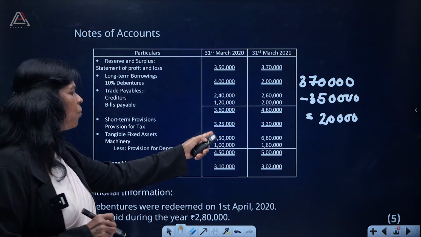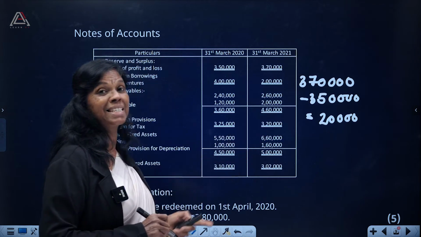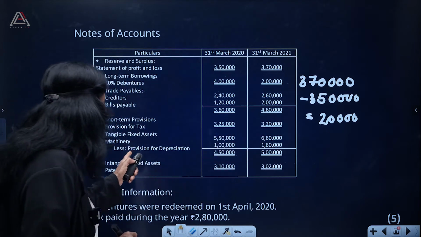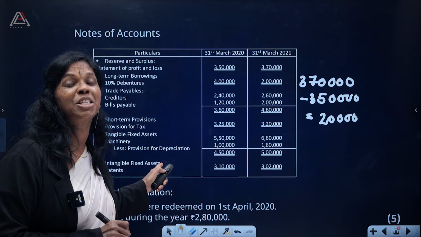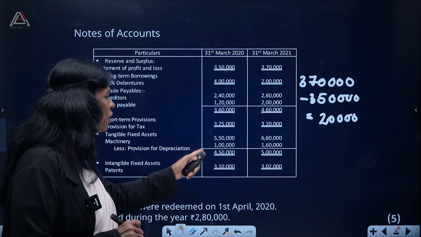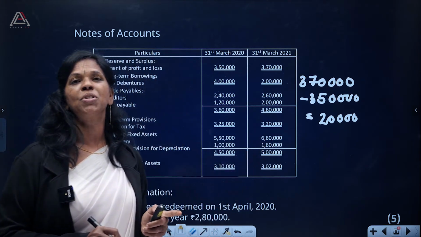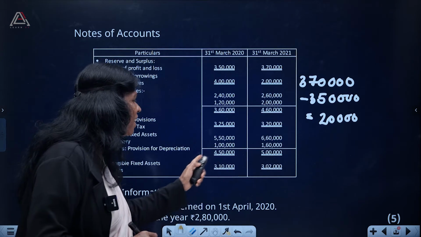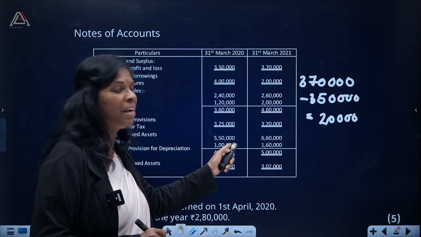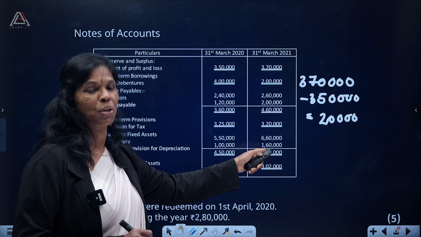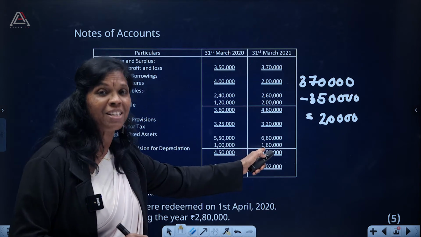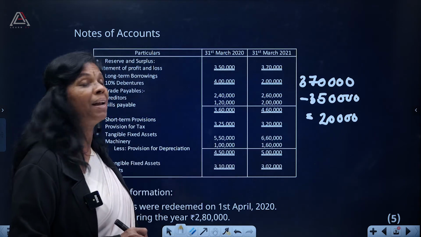Machinery: first year 5,50,000, second year 6,60,000. Then under machinery you can see provision for depreciation. Opening balance is 1 lakh, closing balance is 1,60,000.